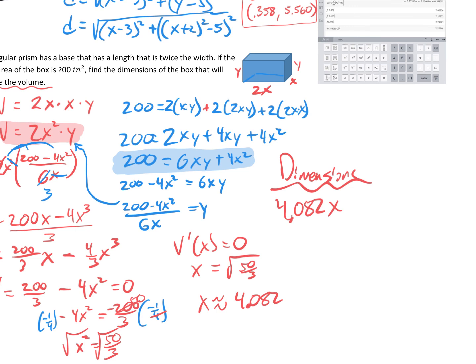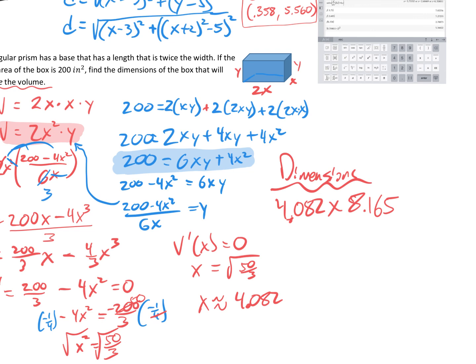Now we want to double this on our calculator. When you take that answer and double it on your calculator, it actually rounds to 8.165. Because this was rounded, don't double the rounded answer, double the actual answer in your calculator. Or I guess you could write 2 times the square root of 50 thirds.